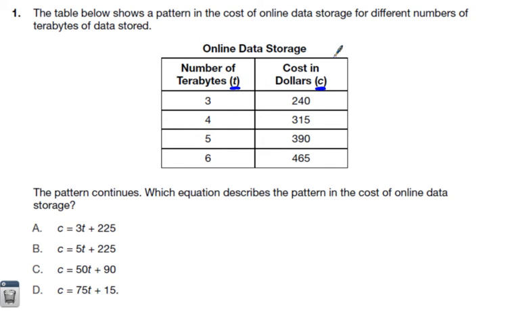Some of you might just pick the correct equation based on which equation is made true by plugging in 3 for t and 240 for c, and also 4 for t and 315 for c, and 5 for t and 390 for c, and 6 for t.